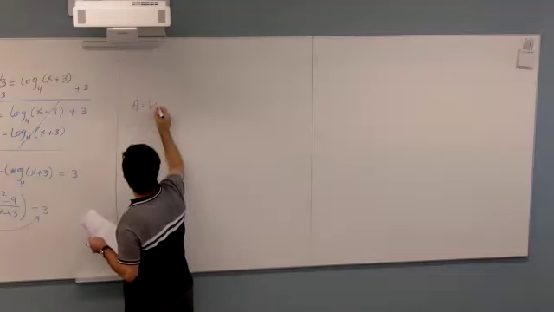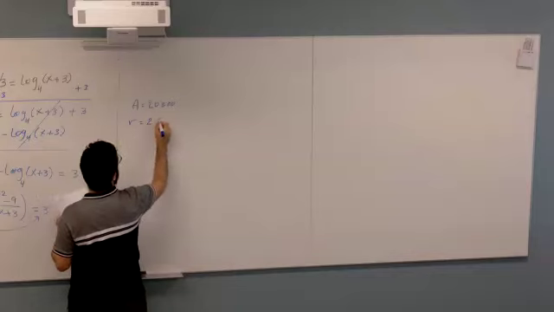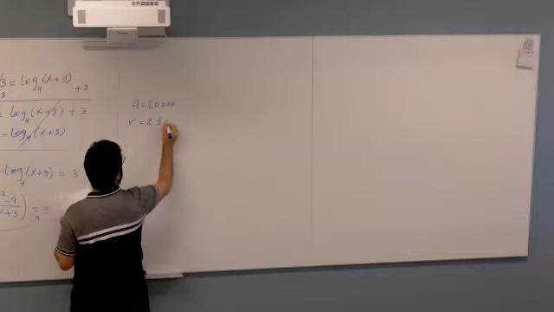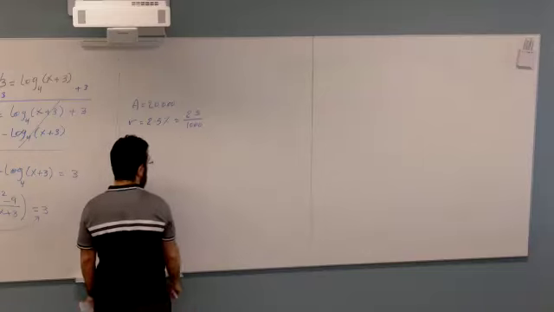Okay, keep going. An account earning 2.5 interest compounded continuously. So the interest rate equals 2.5%, which is equal to, remember that, 2.5 divided by 100.